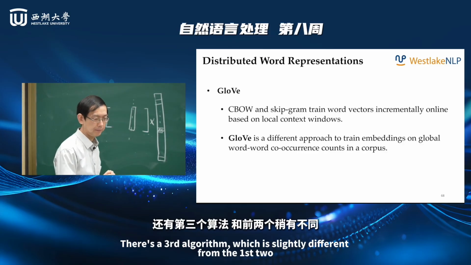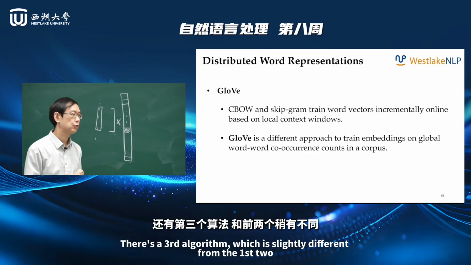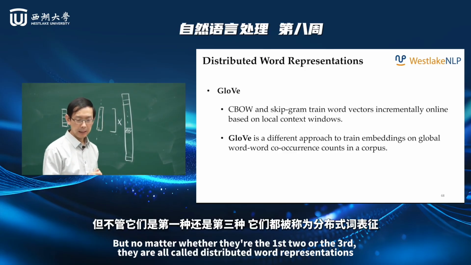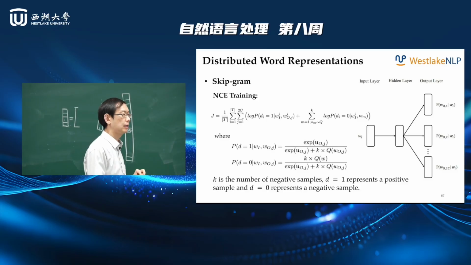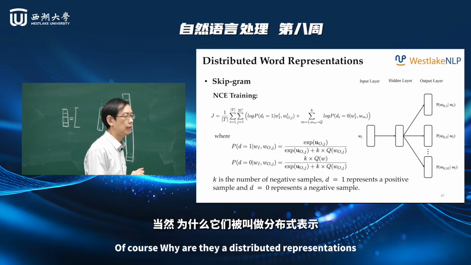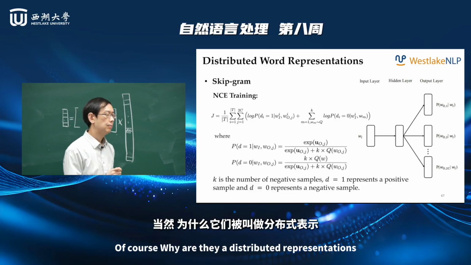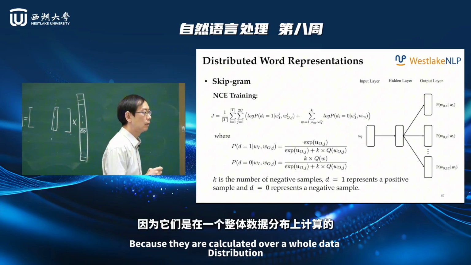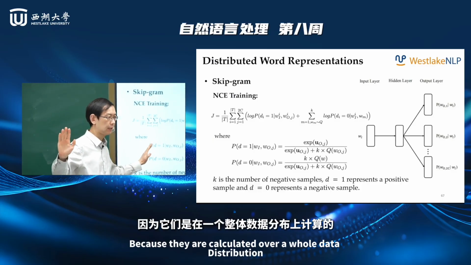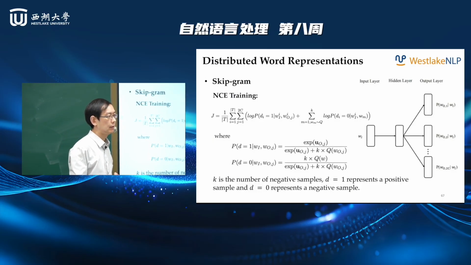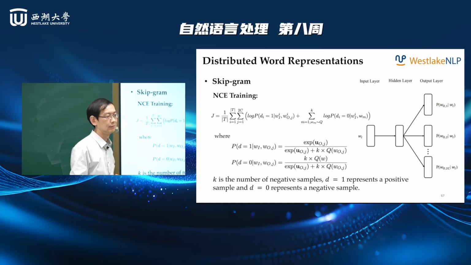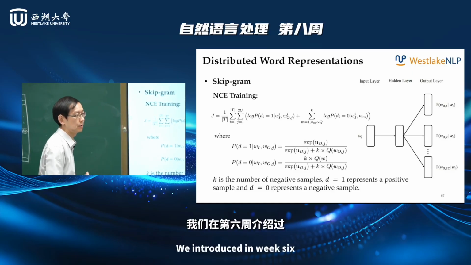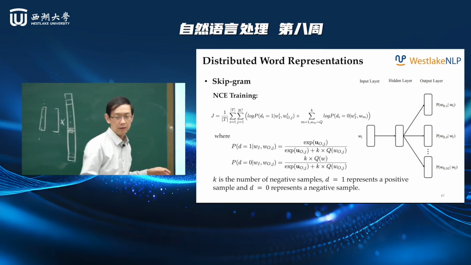There's a third algorithm, which is slightly different from the first two. But no matter whether they are the first two or the third, they're all called distributed word representations. Why are they distributed representations? Because they're calculated over a whole data distribution. And why do we call it distributed? Because the word distributional was already taken. We introduced that in week 6.